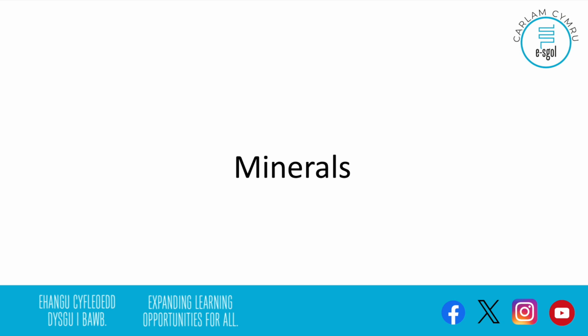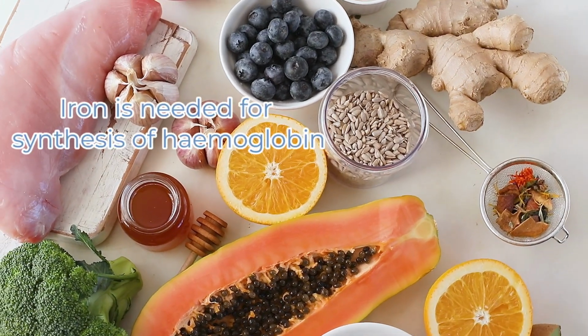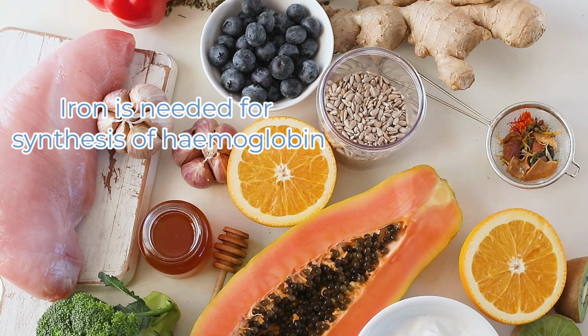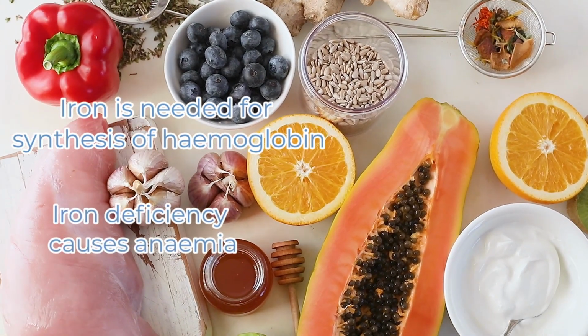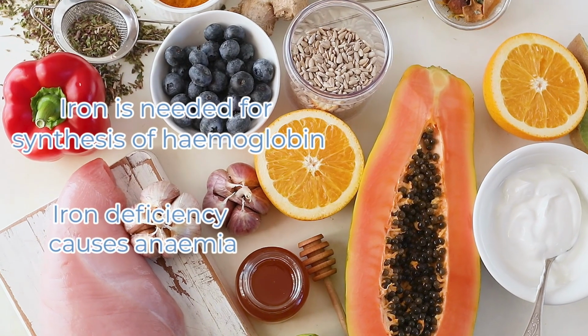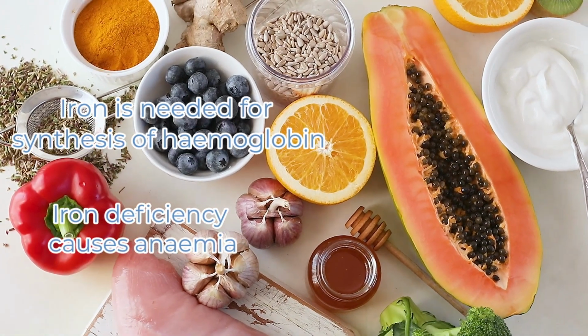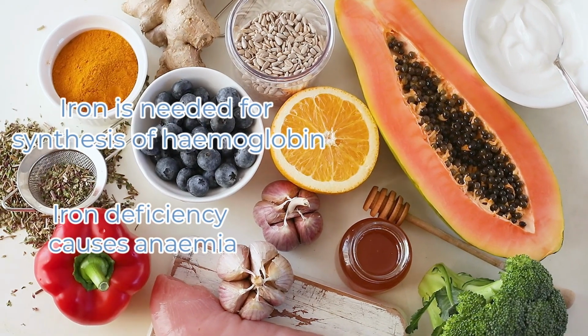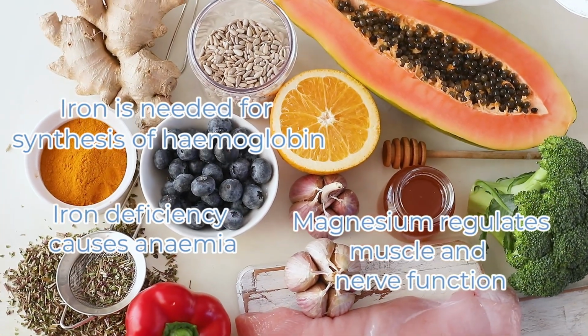Now let's look at minerals. We need minerals for different purposes in our body, including iron, which is needed for synthesis of haemoglobin. Iron deficiency causes anaemia. Magnesium regulates muscle and nerve function.